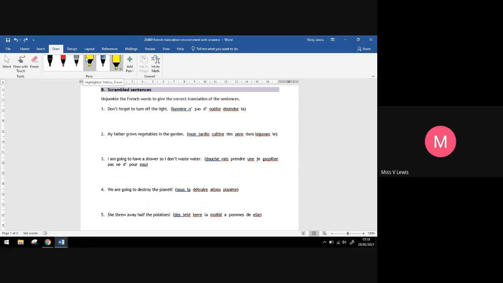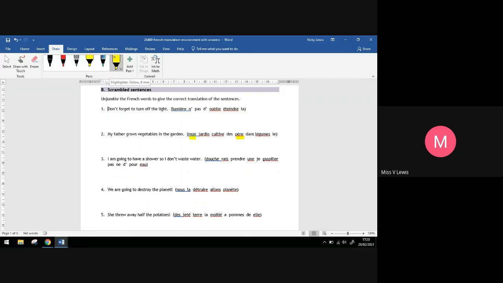So my dad, my pen, my cat. So we're looking for nouns first of all. So always think about categories of words. Now, of course, it could be my garden because mon, it is le jardin, but that is not the translation. So let's find the key word here, père, and the masculine singular that goes with my, mon.